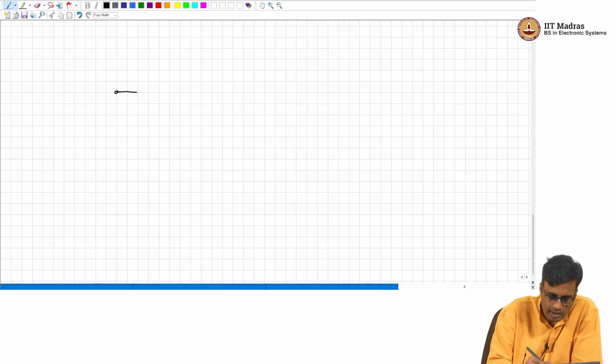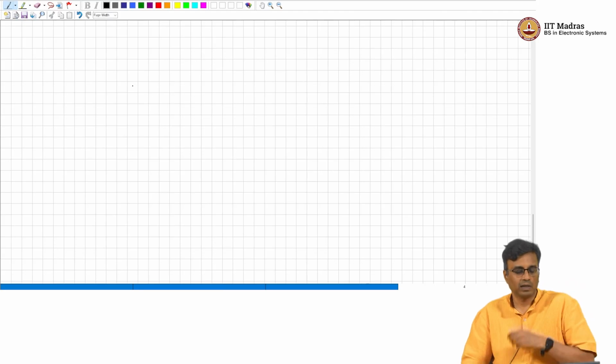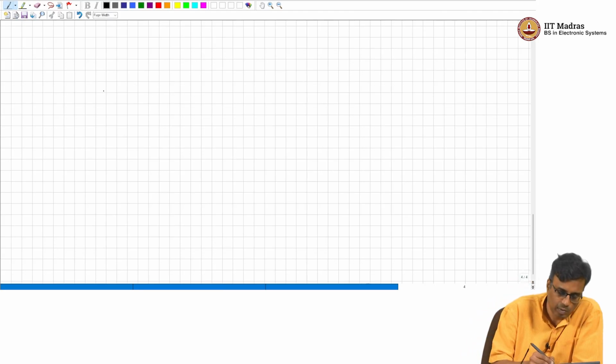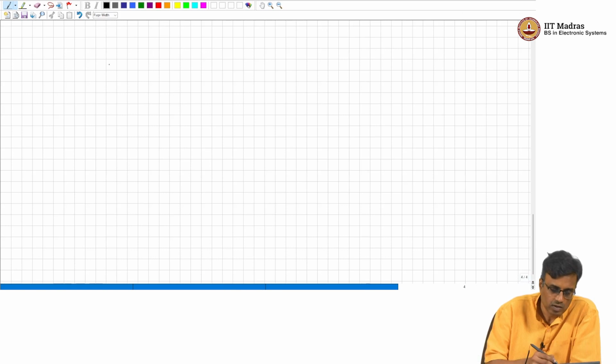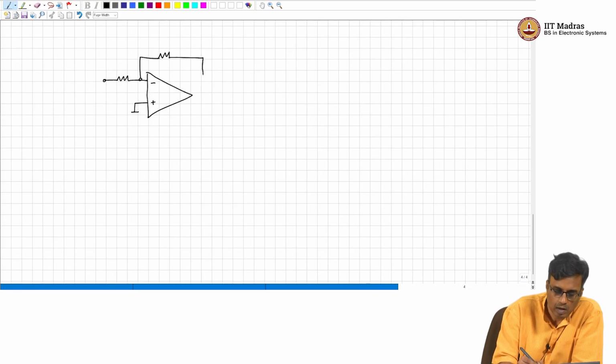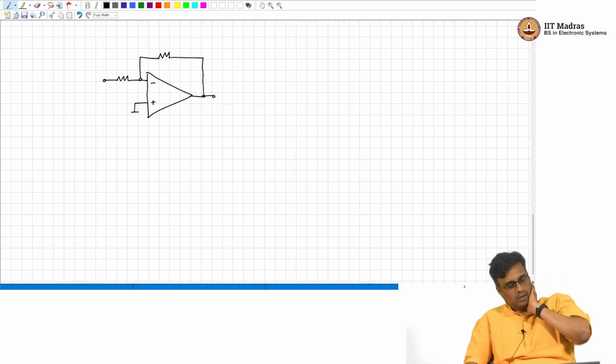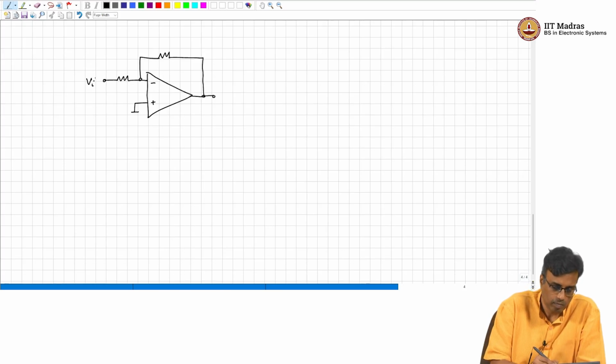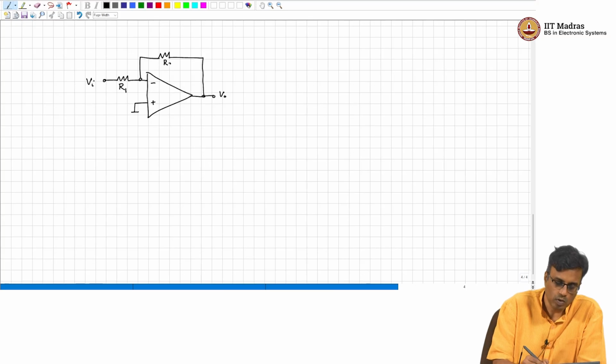So, the first operation that we can think of with memory is integration, right. The idea basically comes from this. This is R1 and R2.